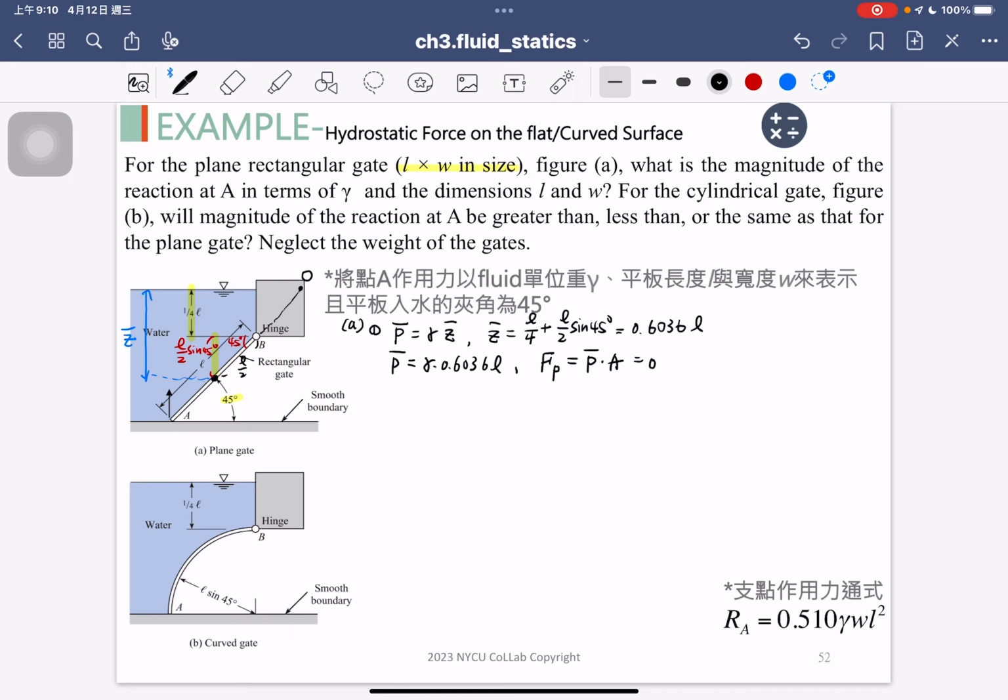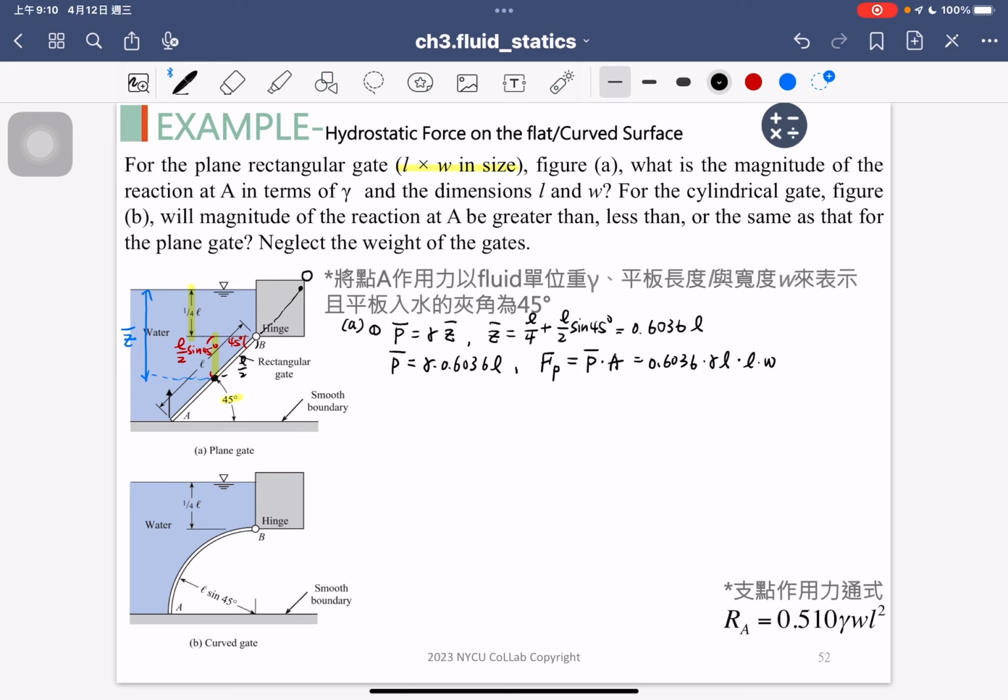Maybe I put the number in front: 0.6036 and the gamma L. This is the hydrostatic pressure, and multiplied by the area, which is L multiplied by W.